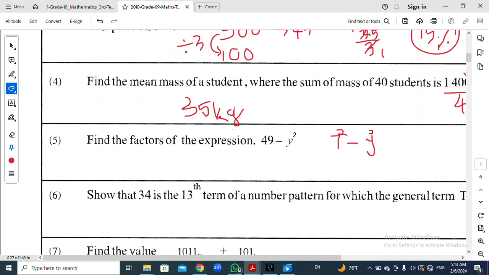So we can easily get the answer now. We know already x squared minus y squared is equal to x plus y and x minus y. According to that idea, here one answer is 7 plus y, and I am bracketing that one for ease. The next answer is 7 minus y. Okay, so this is the final answer.